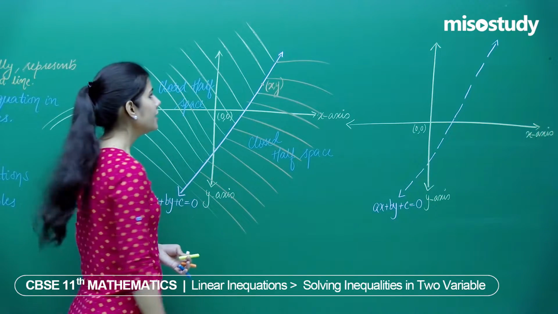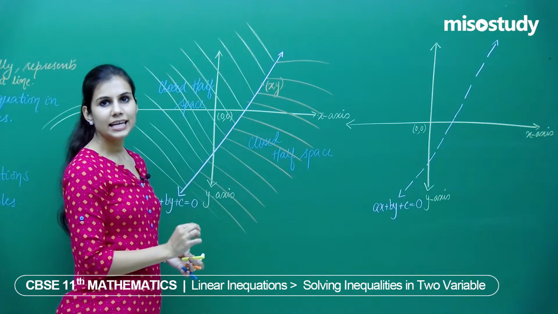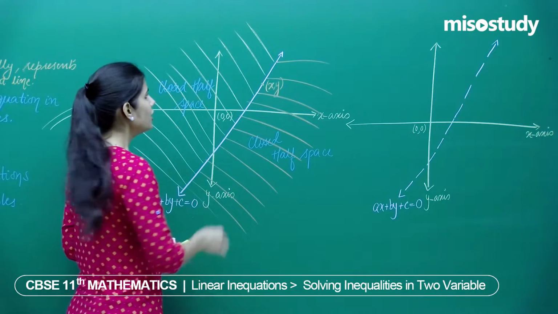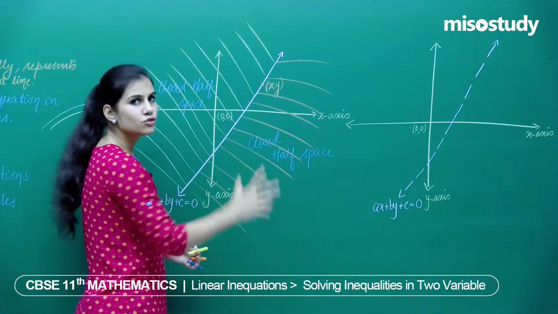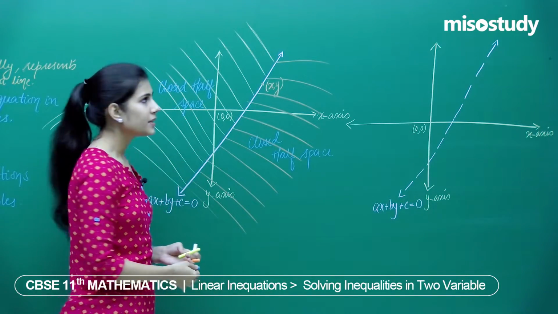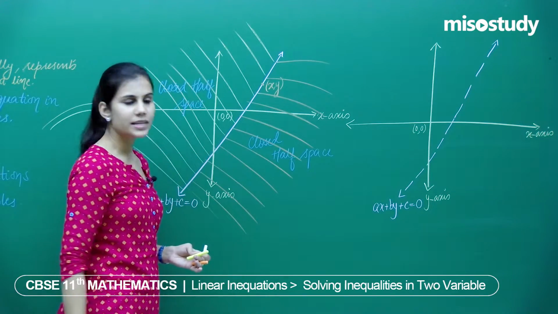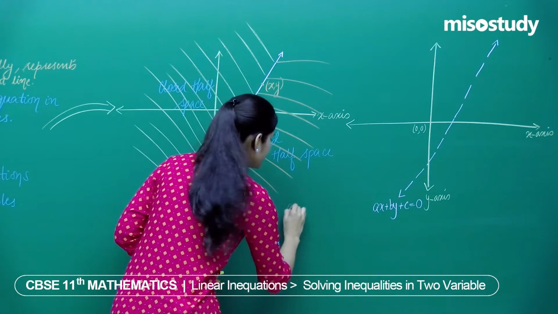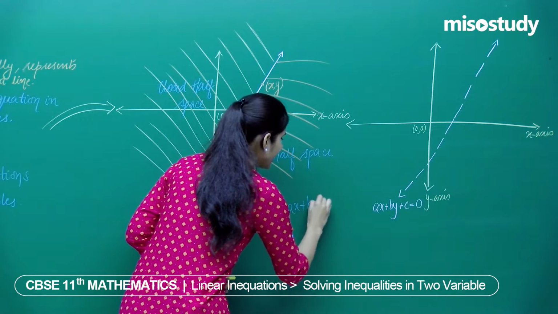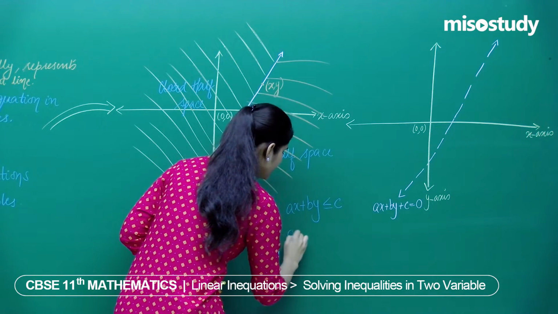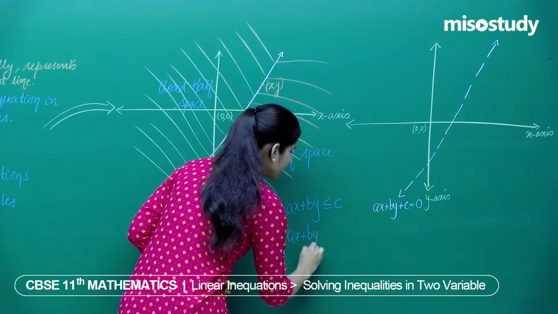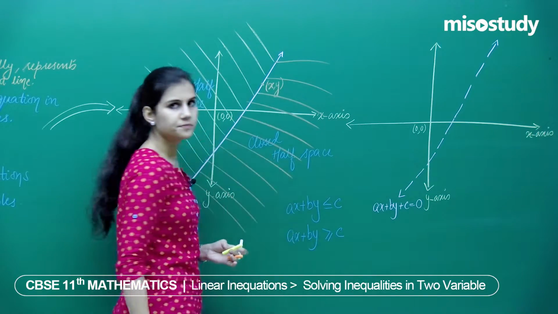That means in mathematical terms, when a line is dividing a plane into two half planes, each of the half planes is represented by this inequality: ax + by ≤ c, ax + by ≥ c.